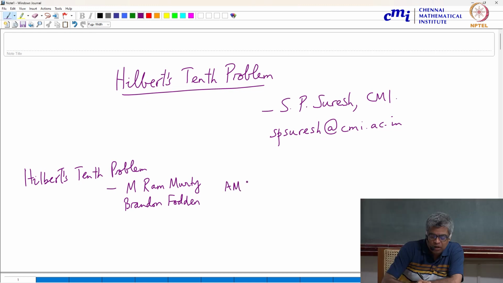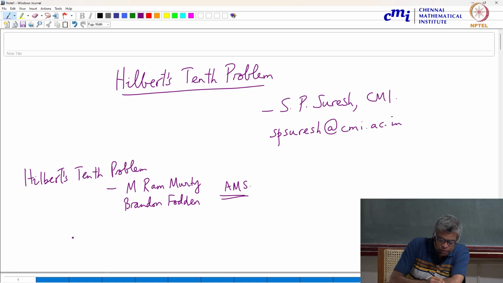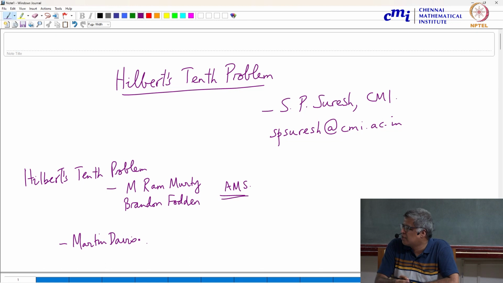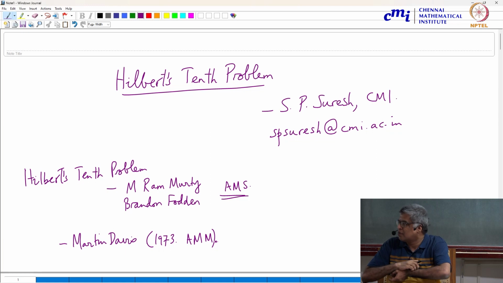That's an American Mathematical Society publication, in case you want to search. I'm also basing it on an article by Martin Davis. The book is from about 2017, very recent. The article is from 1973, American Mathematical Monthly. So just in case you need some references, you can look there.